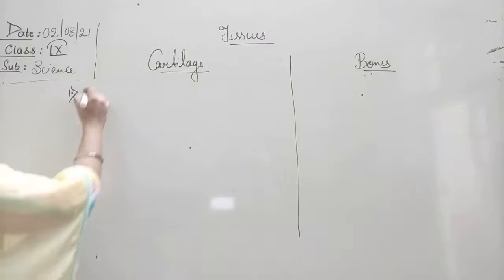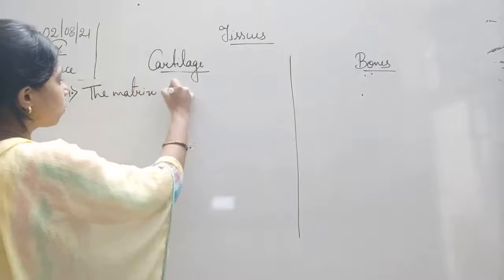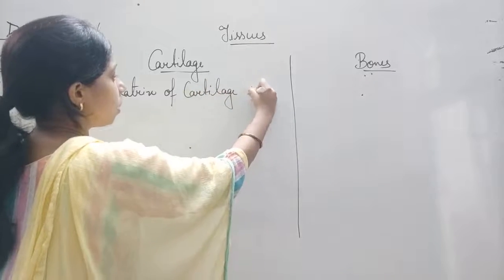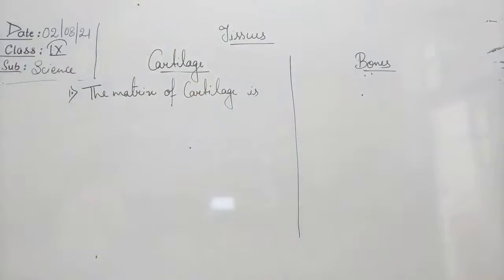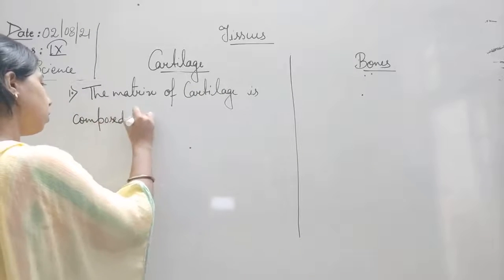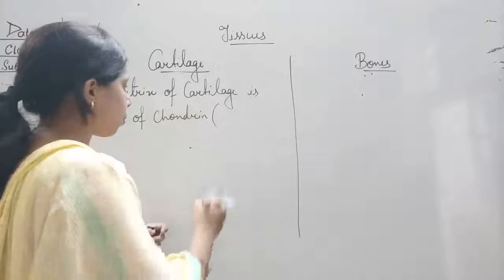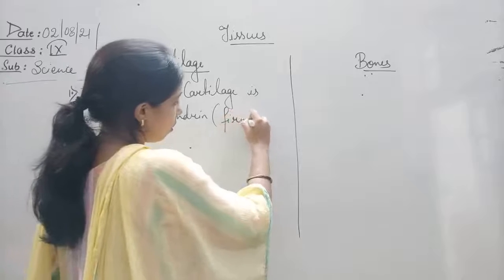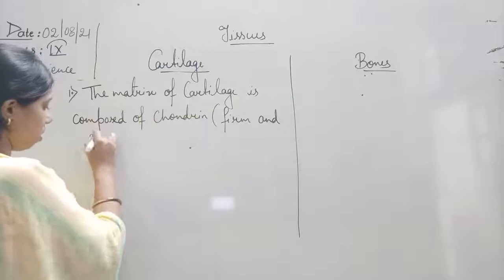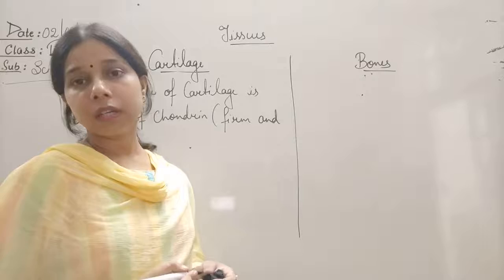So the matrix of cartilage is composed of chondrin. The chondrin helps in providing it firmness and flexibility to the cartilage.